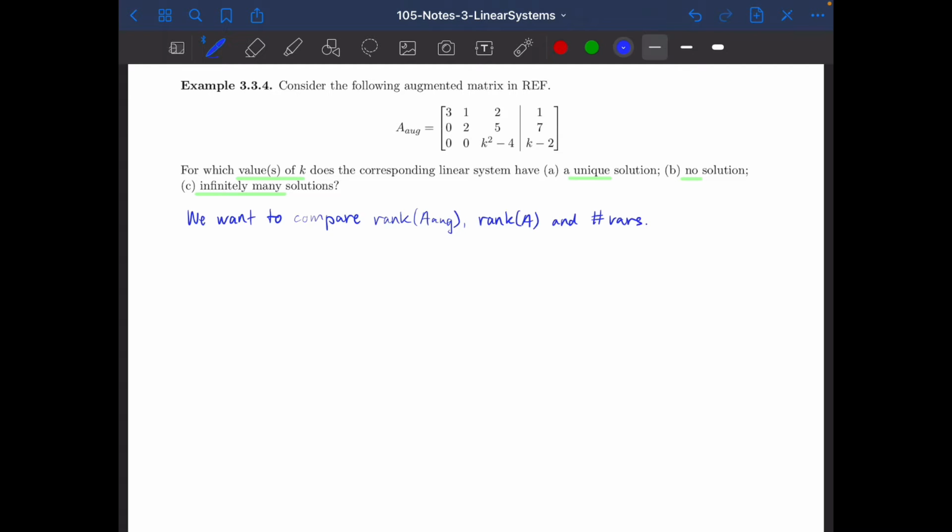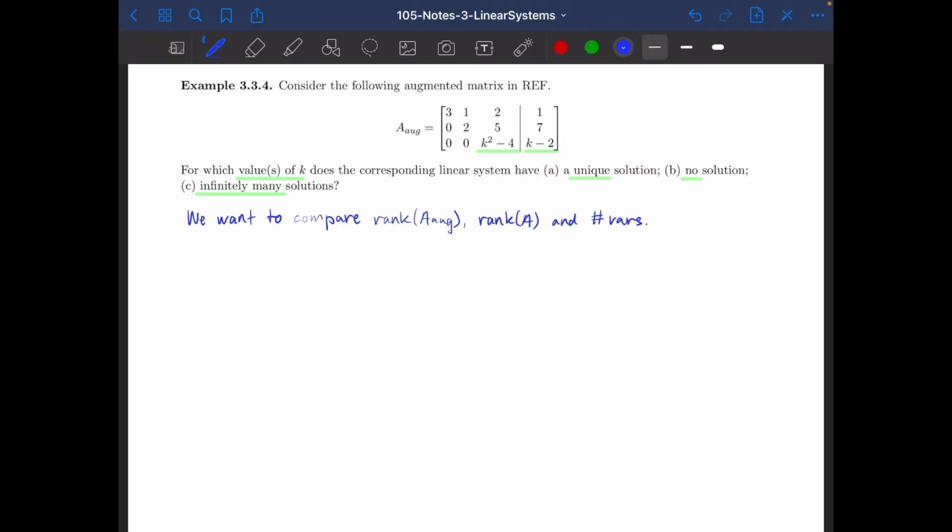Now, what's different in this problem is that we have entries in the augmented matrix that include a variable k. Depending on the value of k, those entries may be 0. And if they're 0, then they affect the rank.